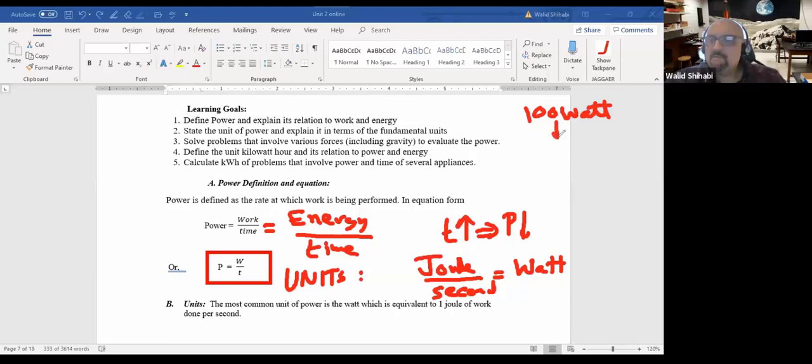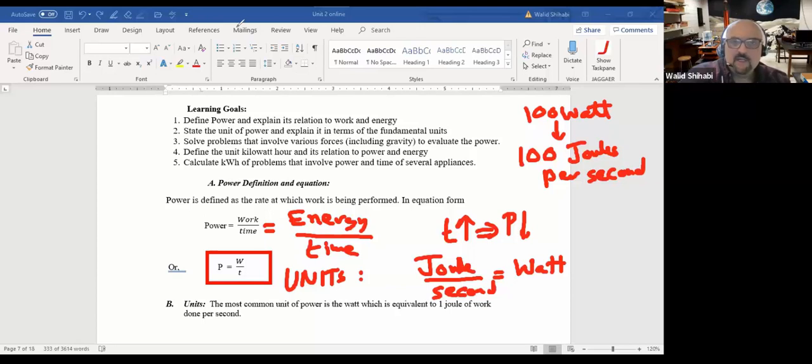This means this bulb has the ability to dissipate 100 joules of energy per second. That's the meaning of watt: how much energy can be used per second. So watt is joule per second.